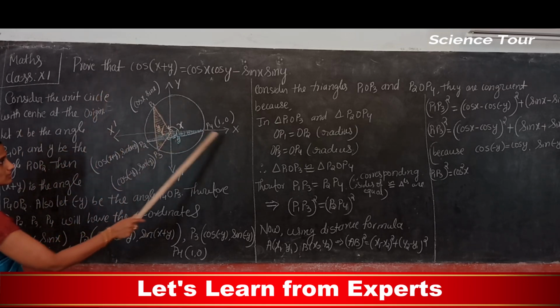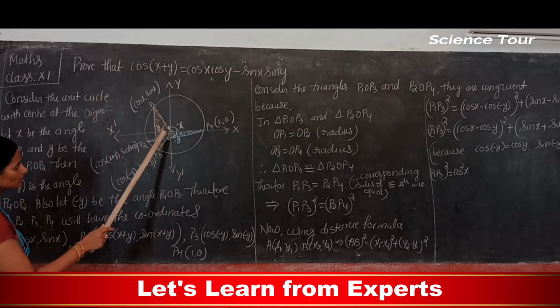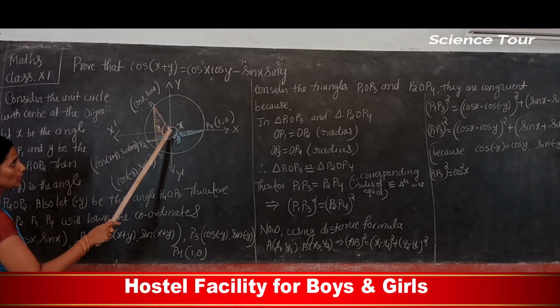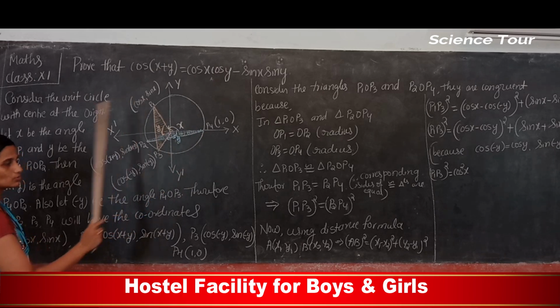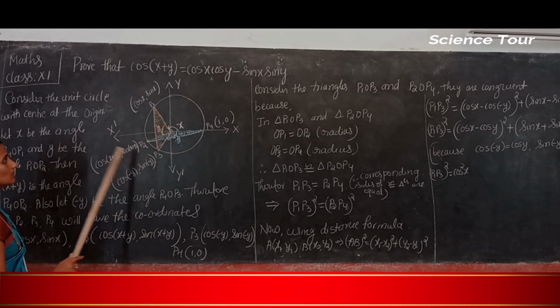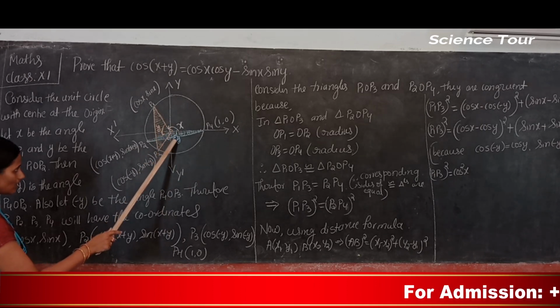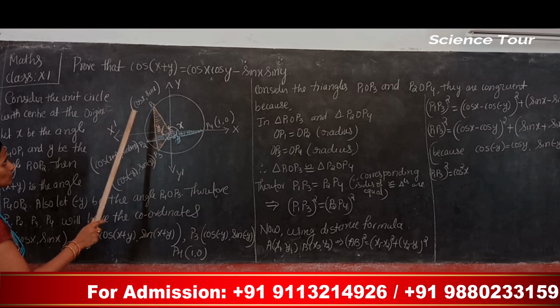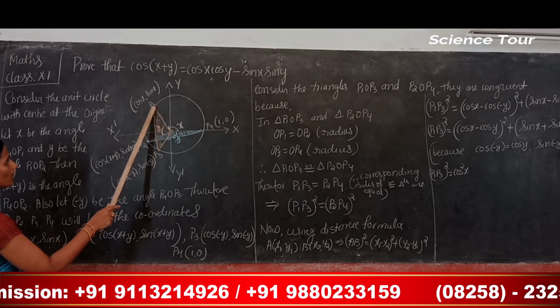So now here these are x and y coordinates, a circle. See, triangle O, P1, P3 is one triangle, O, P2, P4 is one more triangle. So this angle is x, this angle is y. Next this angle is minus y, right. So now this point P1 is what?